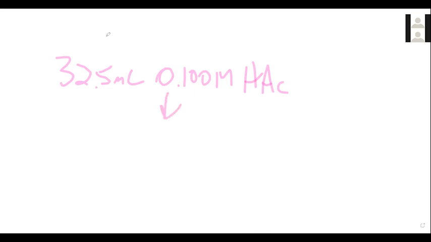Now, let's do the same thing, but if it was a weak acid, because then it gets tricky. So let's say I've got 32.5 mils of a 0.100 molar acetic acid this time, and then I dilute that with 500 mils of water.